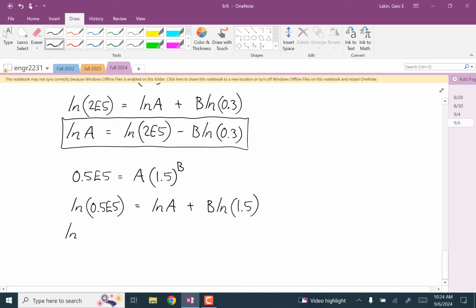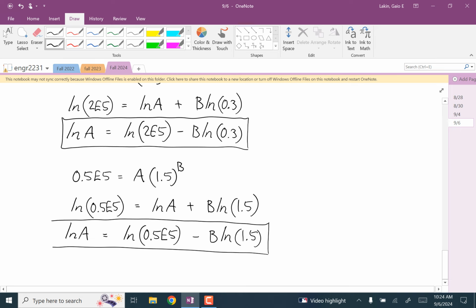And I'll write this as natural log of A is equal to natural log of 0.5 times 10 to the 5 minus B times the natural log of 1.5. And the two boxed equations are our system.